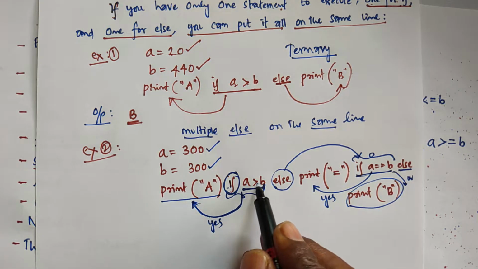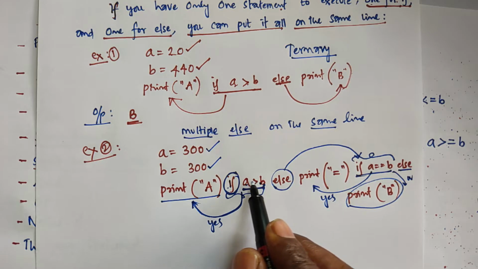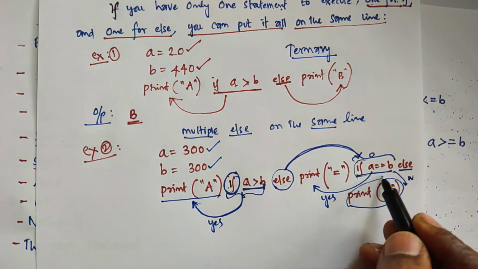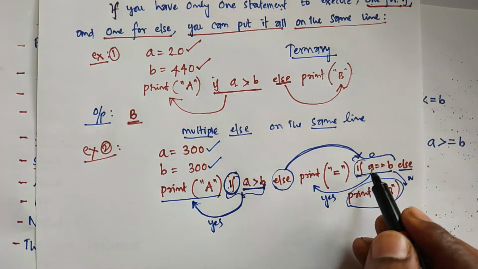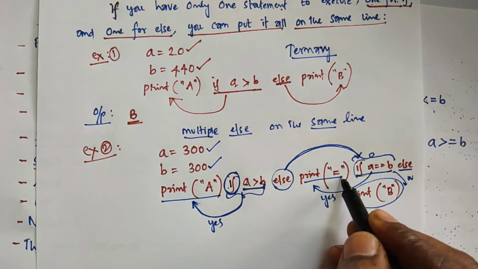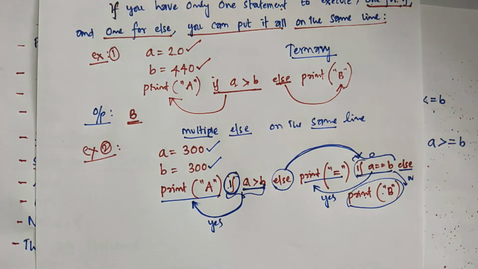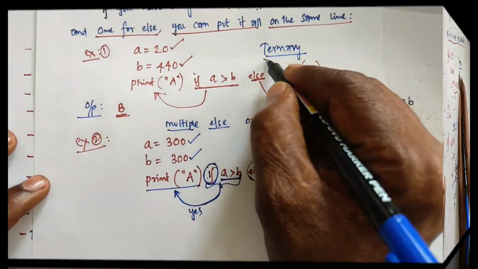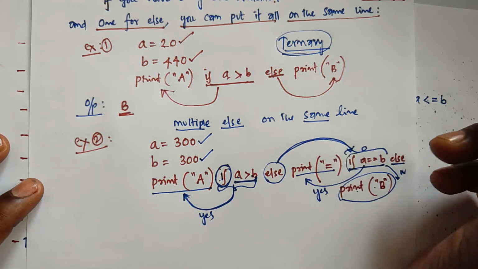If A is greater than B, no, this condition is not satisfied. Go to the else condition. In else, another if condition: if both are equal, that is printed; else, print B. Like that, you can take this. This is also called ternary operators.